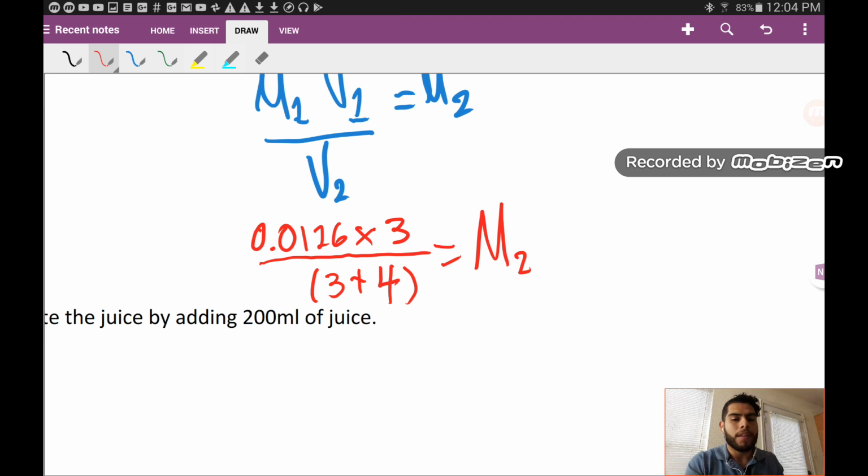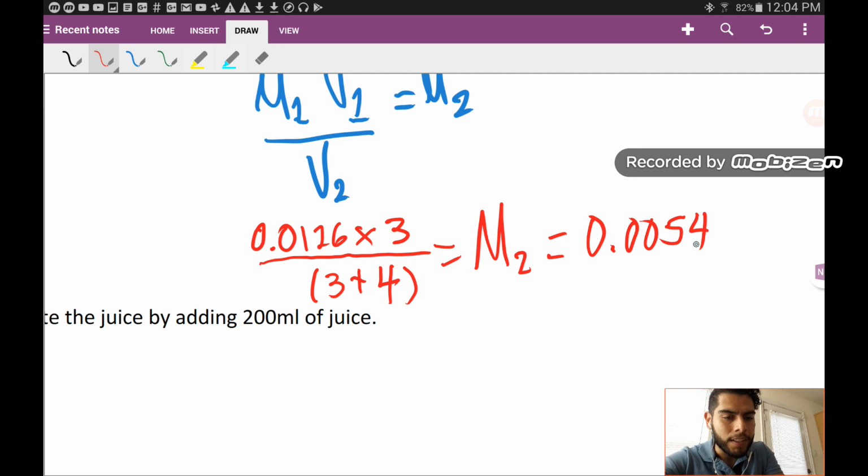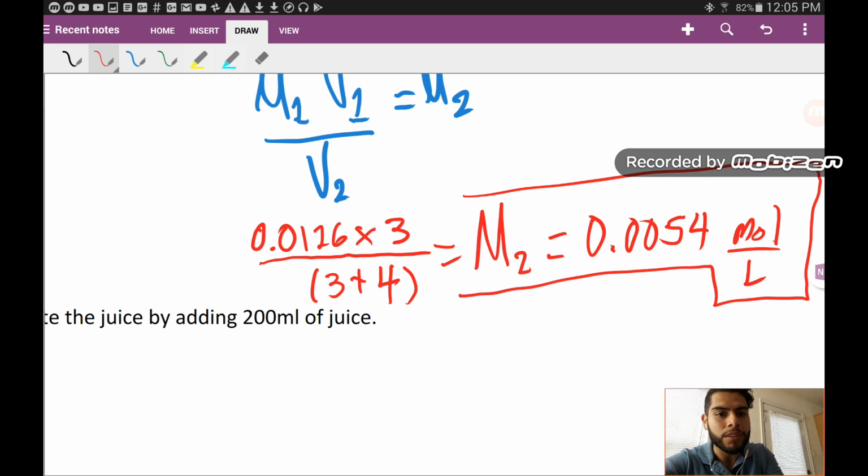That should give you 0.054, and this is molarity, which is moles per liter. That's going to be the final molarity of our cleaning solution.